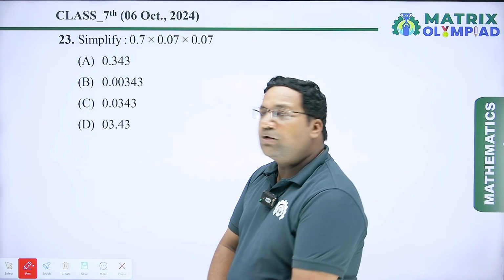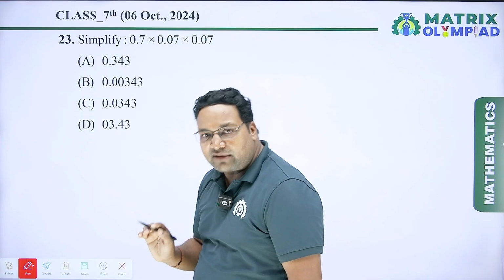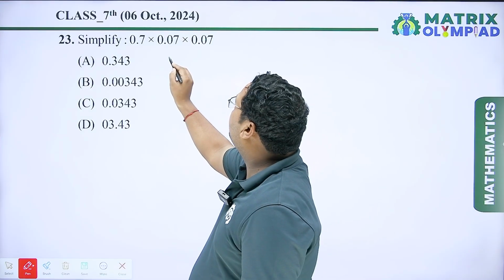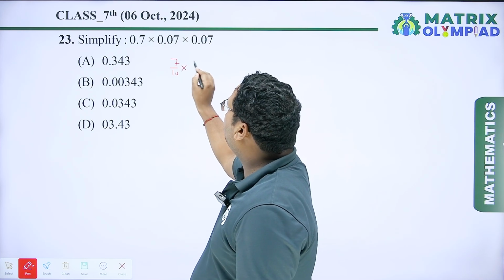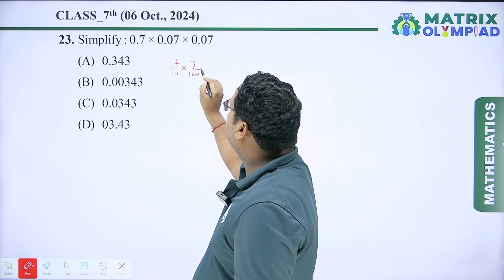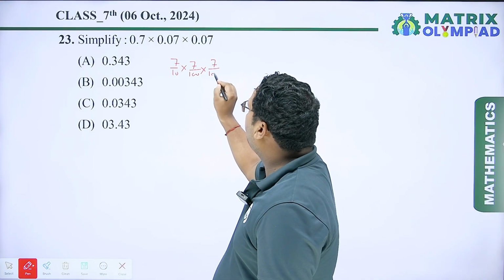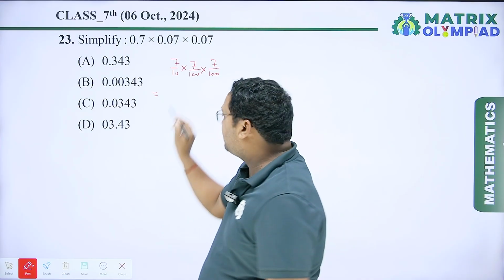Now coming to question number 23, that is 0.7 into 0.07 into 0.07. So we have to multiply all the values here. So 0.7 is 7 upon 10 into 0.07 is 7 upon 100 into 0.07 is again 7 upon 100. So here 7 into 7 into 7 is 343.